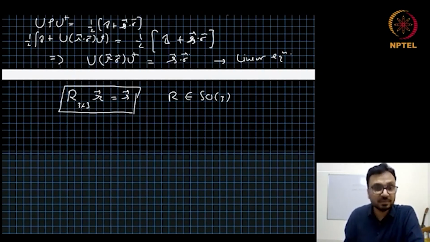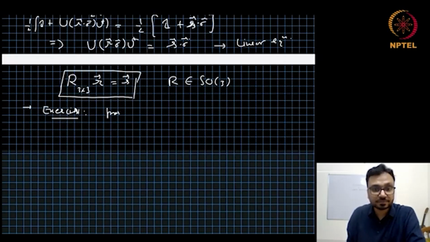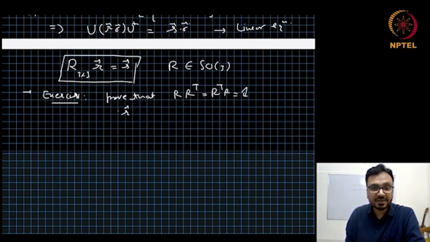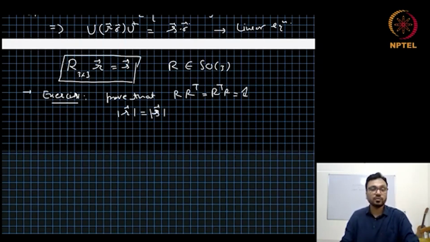You can see, it can be an exercise, prove that R is orthogonal. It means R transpose R is identity. The magnitude of R vector is the same as the magnitude of S vector. The lengths of the two vectors are the same.